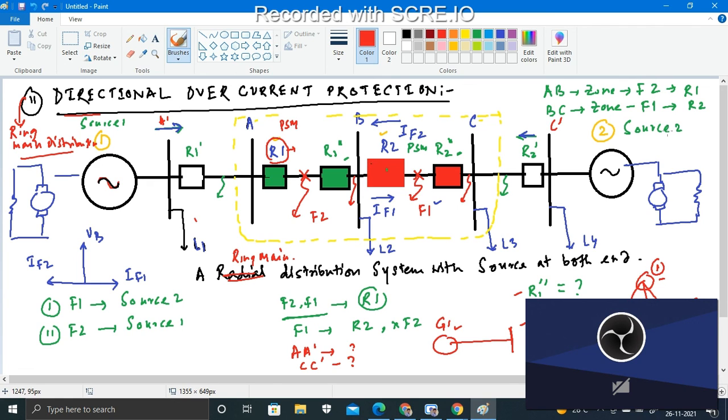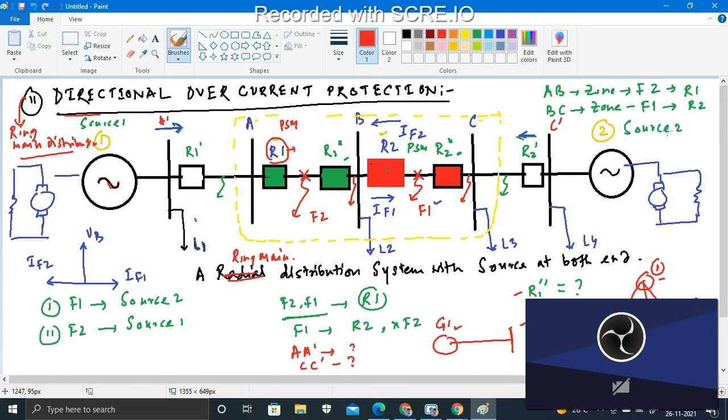Yes, you can, but it depends on the behavior of the particular source and the feeder condition, whether we choose radial or ring main distribution. We will come to that problem also.